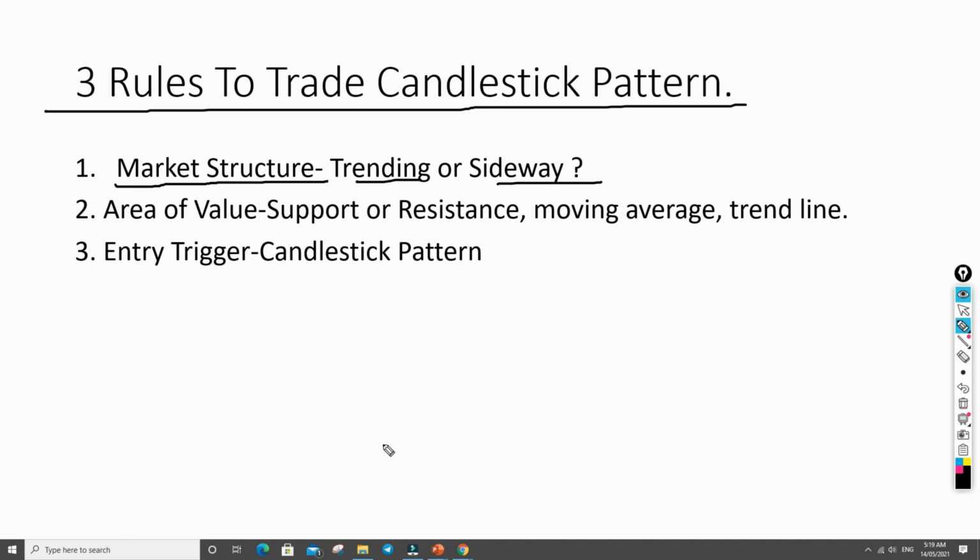When you see a market like this, creating a move and then creating a correction, and then creating a new high, and then there is another correction, and then another high, and then another correction, this is basically a trending market.